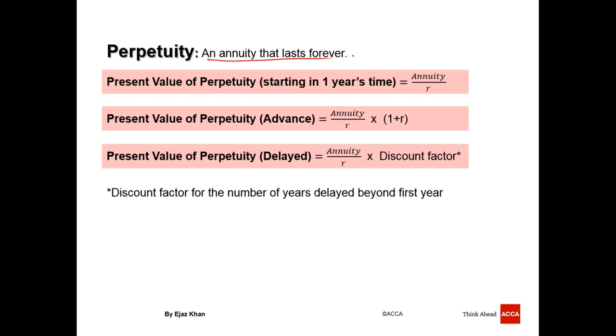Remember, I told you that present value for any given cash inflow is actually the maximum that a company should be willing to invest for a particular project. So whenever we calculate present value for any cash inflow, we are actually calculating the maximum that one should invest for such cash flow.